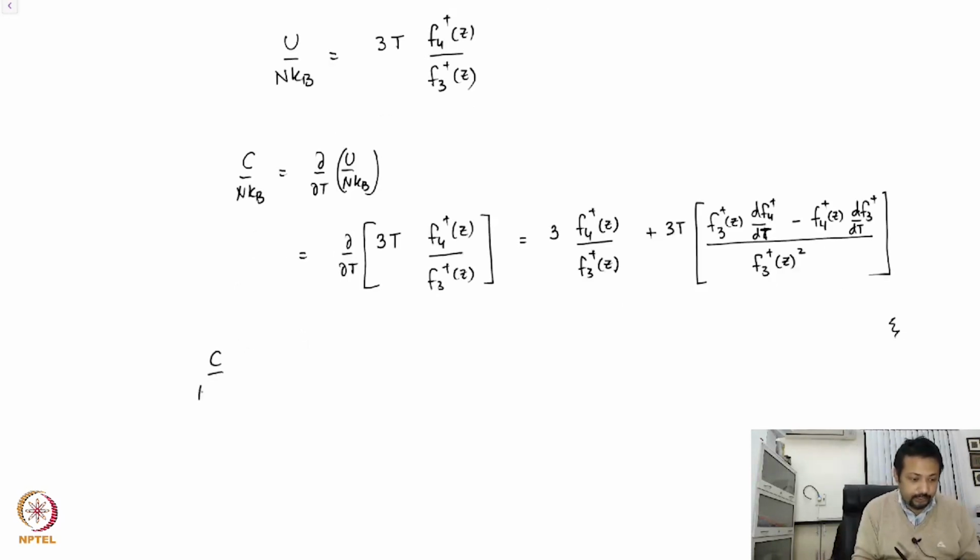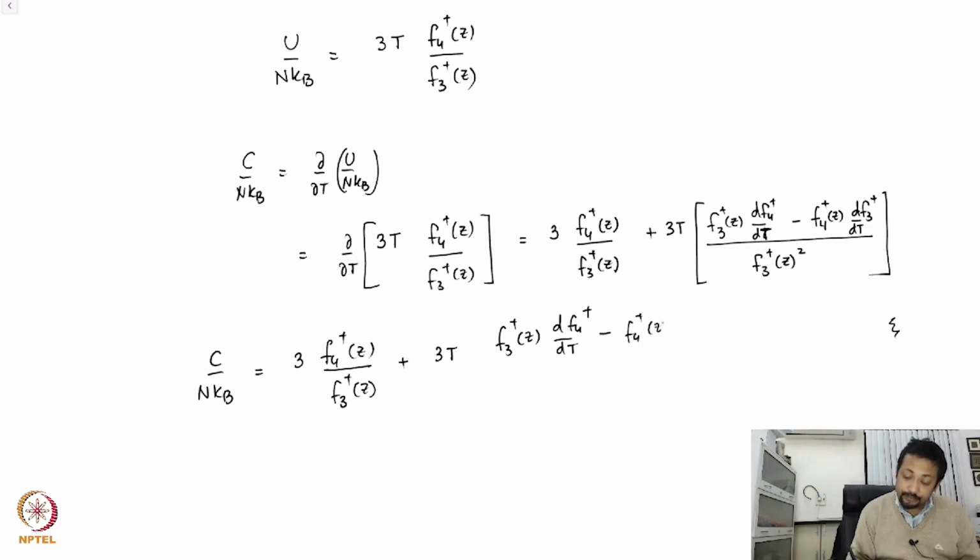So that C over NkB is going to be 3 F4 plus of Z over F3 plus of Z, plus 3 times T, F3 plus of Z dF4 plus of Z dT minus F4 plus of Z dF3 plus of Z dT, divided by F3 plus of Z square.